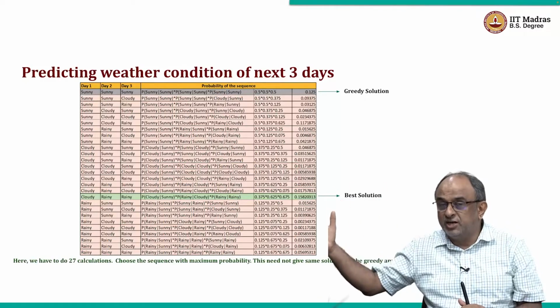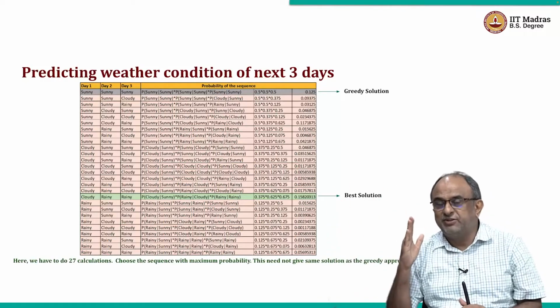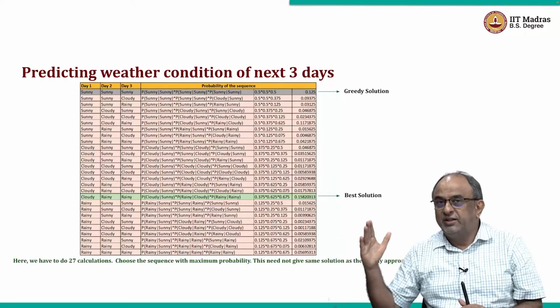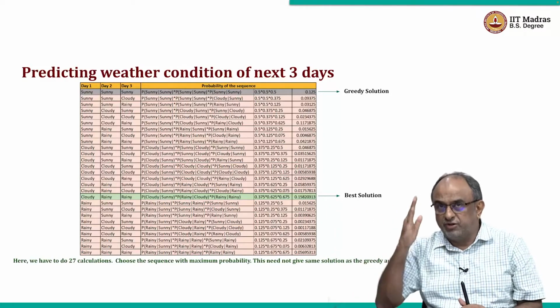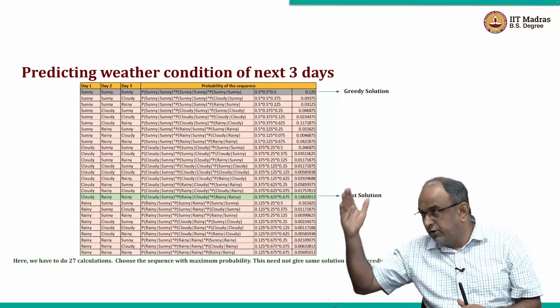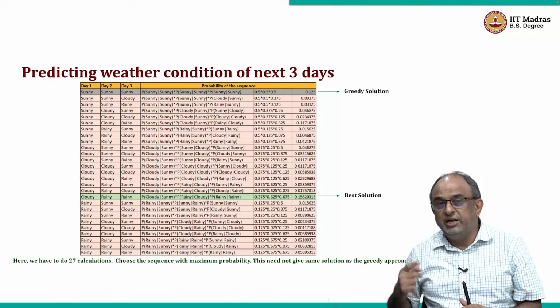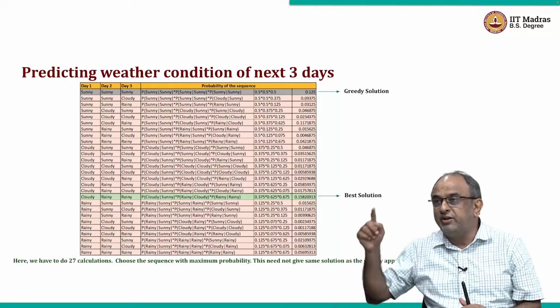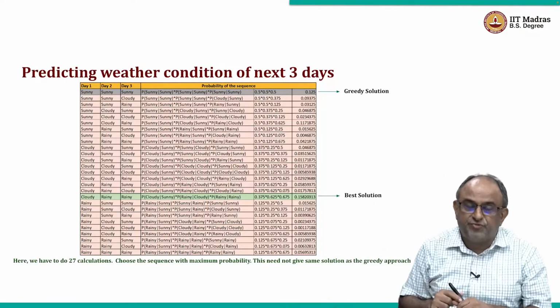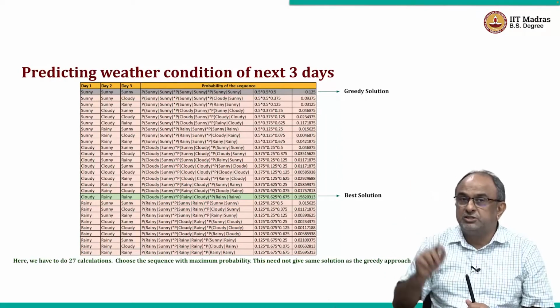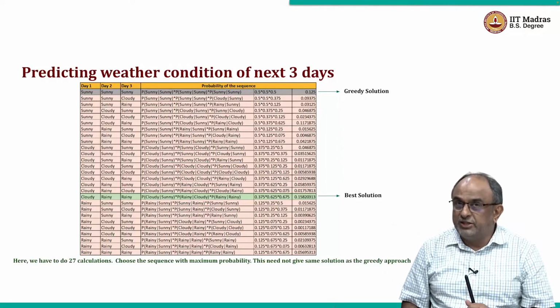Now if I am looking at the third day, the first day there were 3, the next day 3, the third day 3. So 3 into 3 is 9, 9 into 3 is 27. So 27 different orders of these weathers can happen.